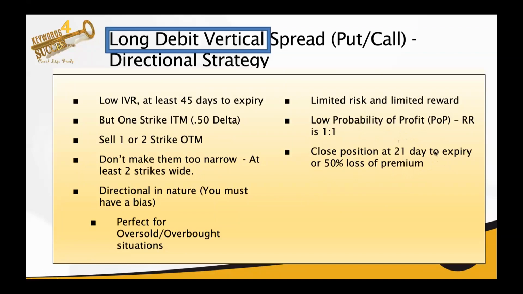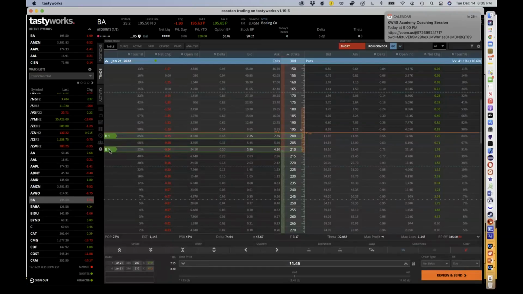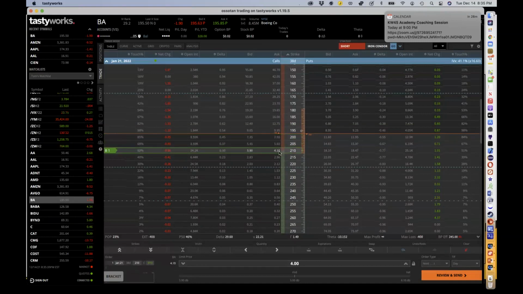It gives you time to save some of your premium. Remember that options by definition are decaying assets. Every day they lose money. Let's say you bought a 215 call, and by some magic, Boeing stays at this price for the next 30 days.